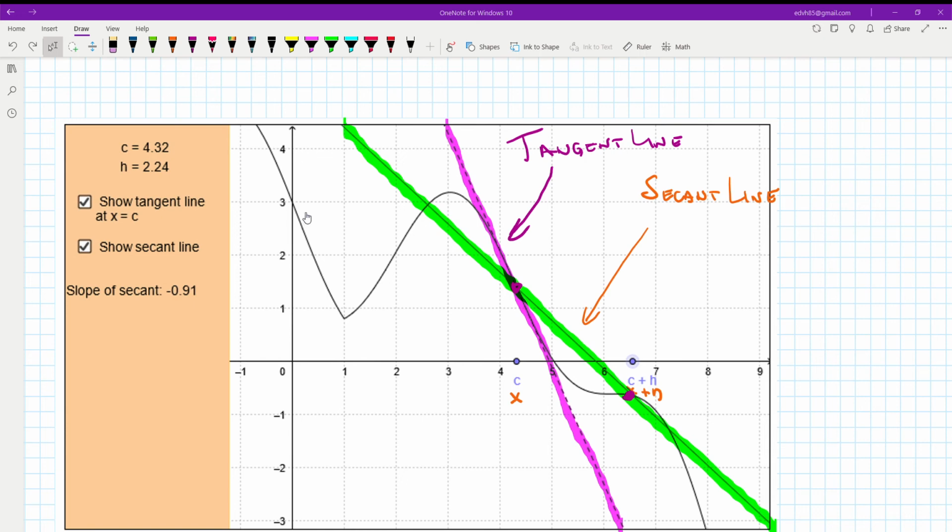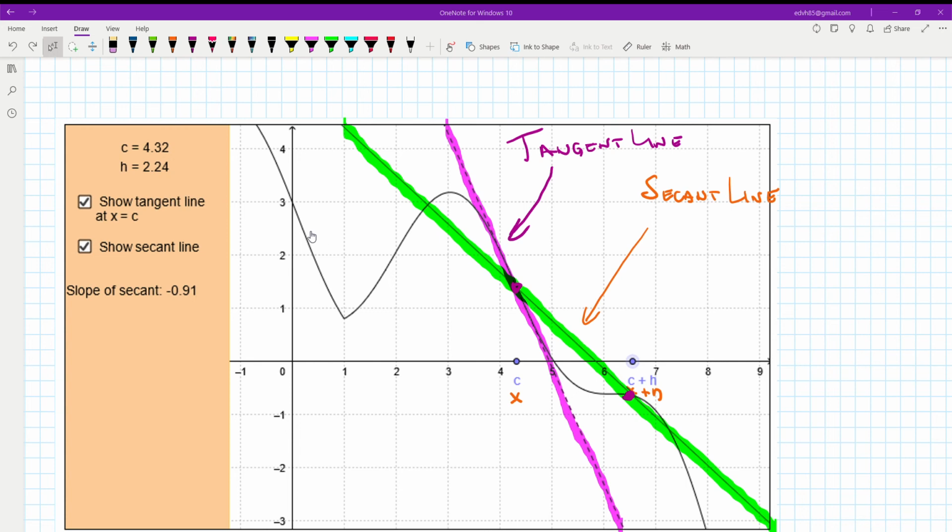So this is what's going on here. I have this C and C plus H, which in our definition is x and x plus h. So I'm going to drag this in such a way. Notice I'm going to make it even further. It's still a secant line.